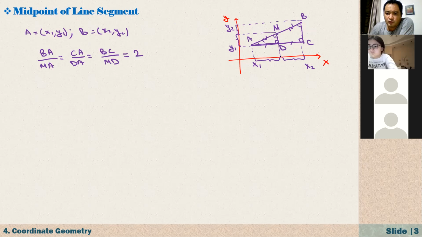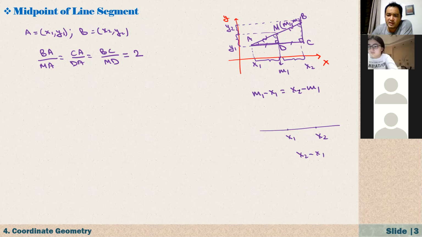Now, assume the coordinates of this M are M1 and M2. So we need to find M1 and M2. If this point is M1, what is this distance? The distance is M1 minus x1. And the second part is x2 minus M1. Again, I'm just using this idea: if this one is x1 and this one is x2, the distance between these 2 points is x2 minus x1. Now, if you solve this equation for M1, take M1 to the left-hand side, we have 2M1.